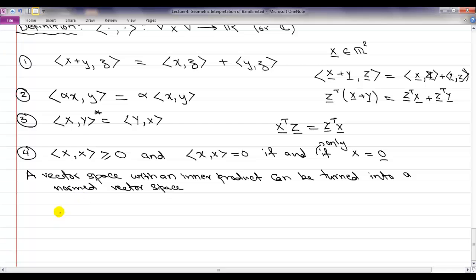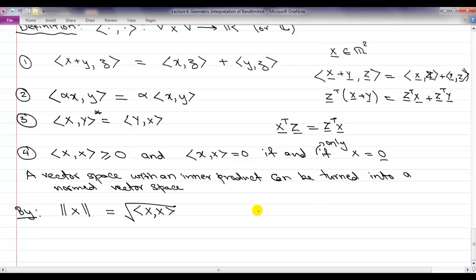Basically, you can define the norm of X to be simply equal to the square root of the inner product of X with itself. So every inner product helps you define a norm.